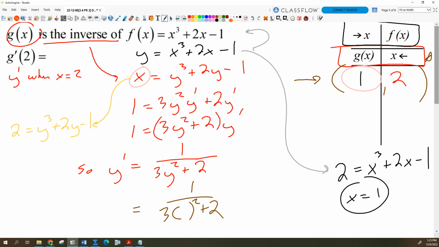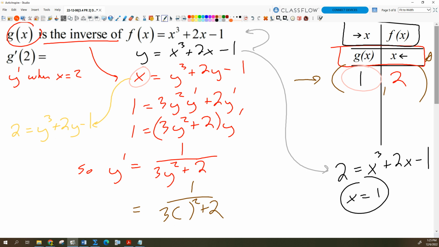What's it going to be? How do I know? Am I dealing with the function or the inverse here? The inverse, right? I'm dealing with the inverse.